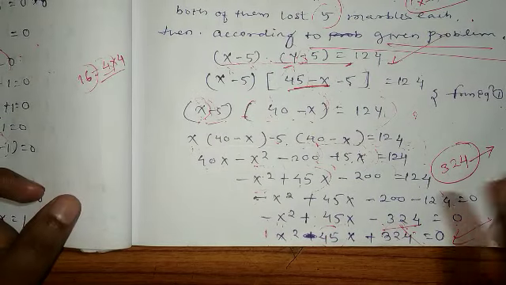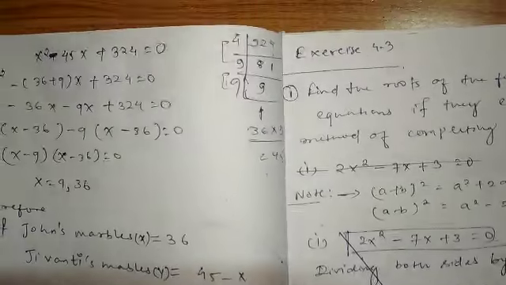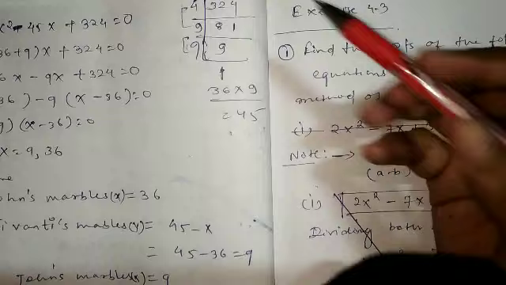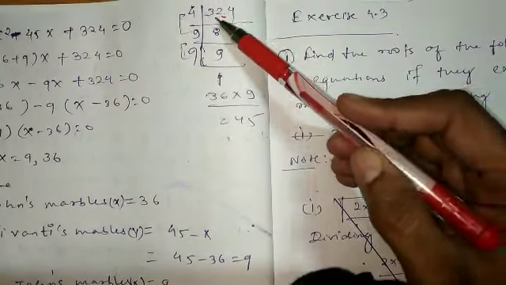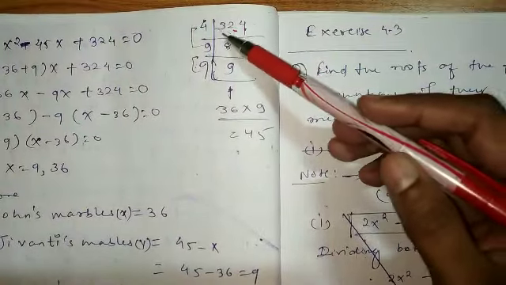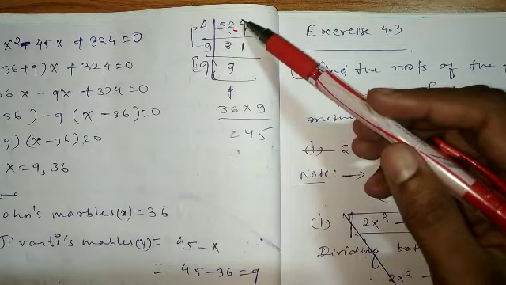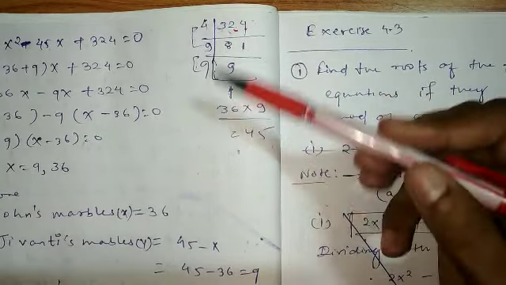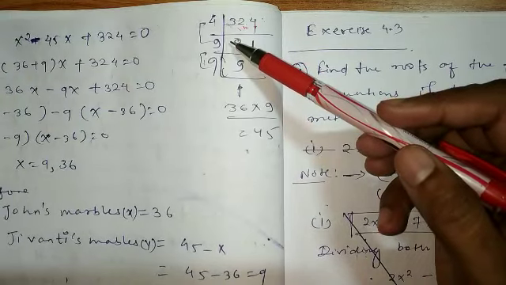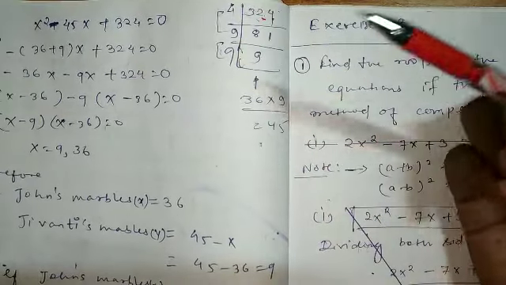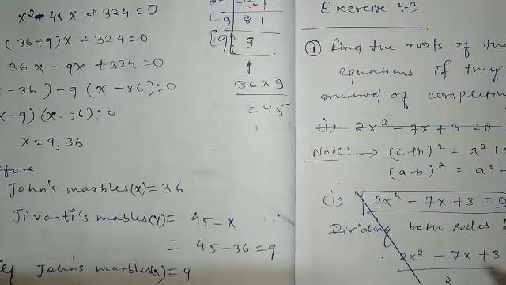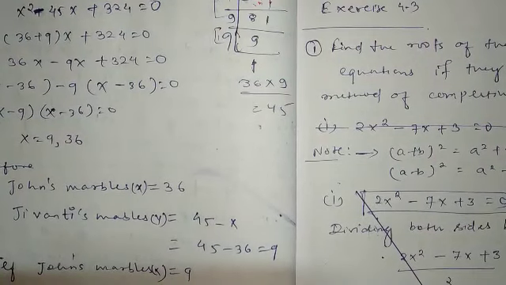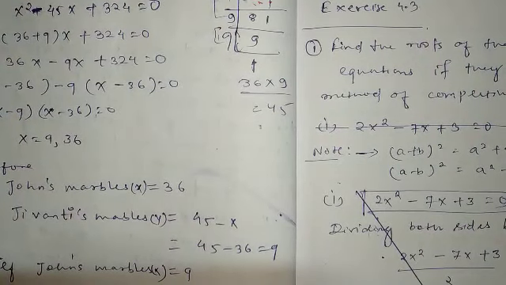To find the factors, I have solved this 324. First of all, this can be solved like this. Because basically to split the middle term, we must have the factors of that particular number, that is 324.